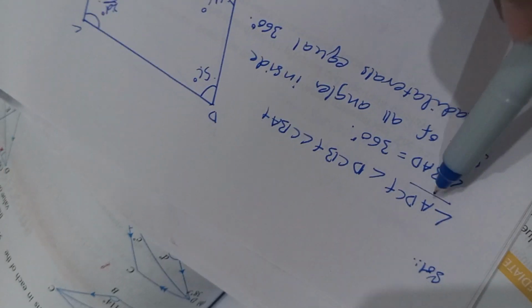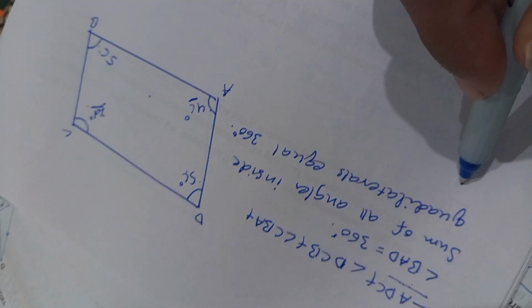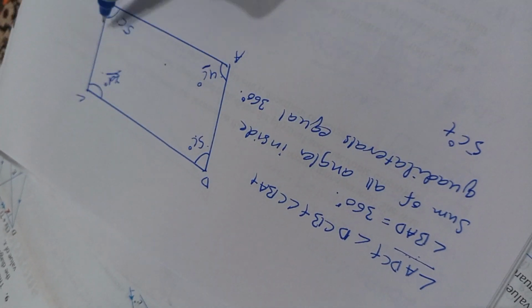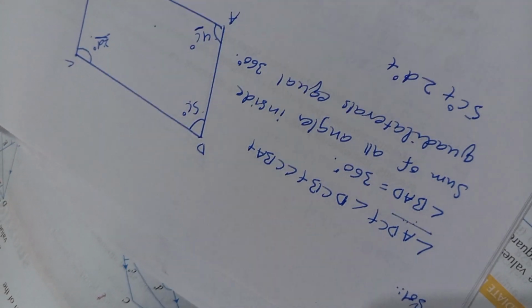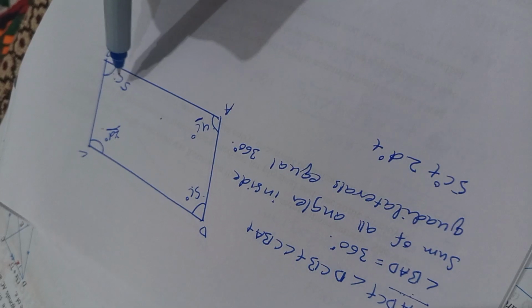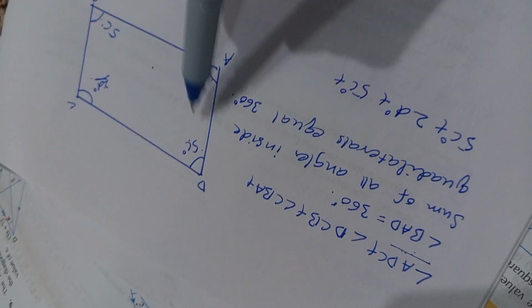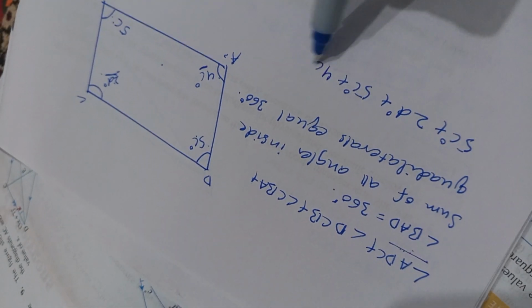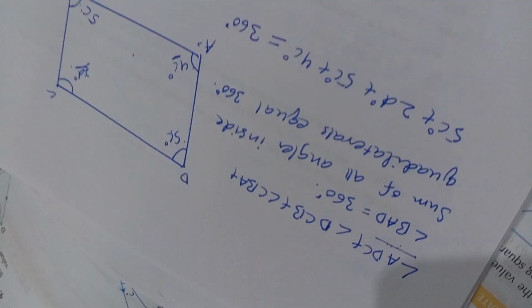Now I rename them as per what we are given. Angle ADC equals 5c, so instead of writing ADC, I'll write 5c degrees, plus angle DCB equals 2d degrees, plus angle CBA, that is 5c degrees, plus angle BAD, this one, 4c degrees, equals 360 degrees.